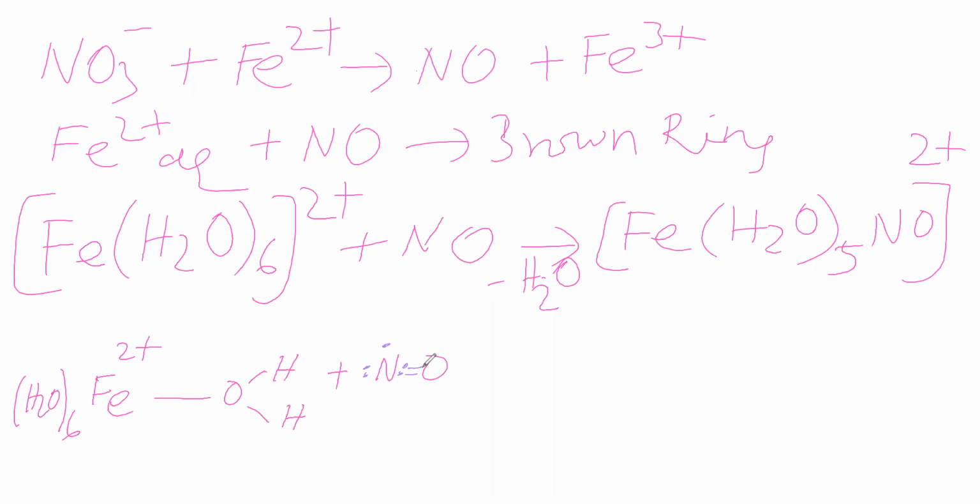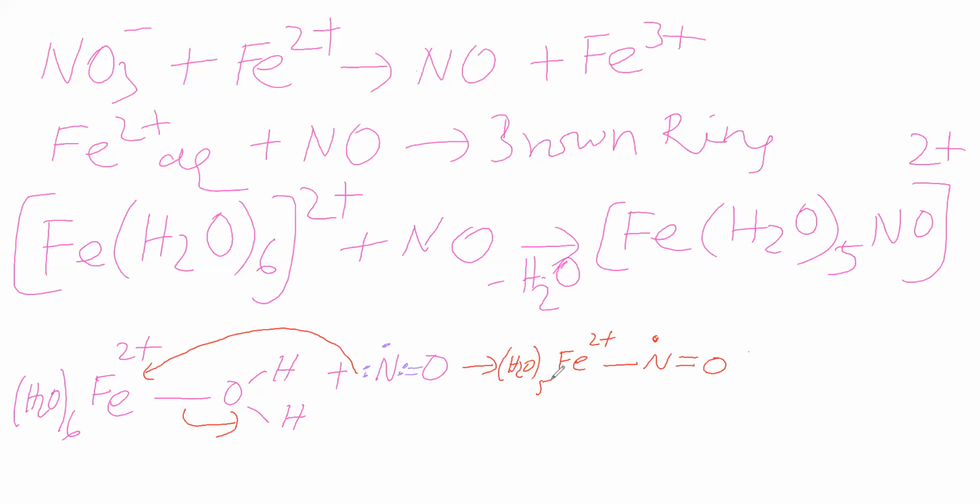This nitrogen of nitric oxide contributes a lone pair to Fe2 plus, so water leaves, and we get an Fe2 plus NO linkage with water molecules remaining.